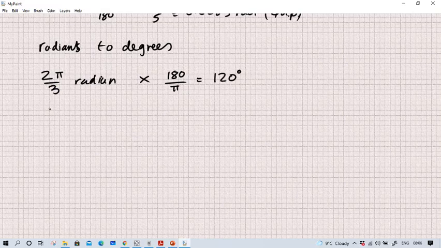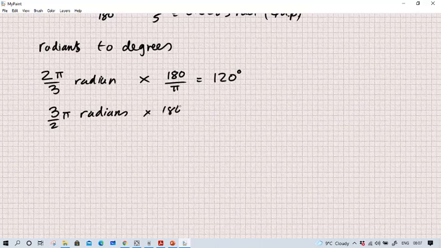We could also do, maybe, 3 over 2 pi radians times 180 over pi, and we get 270 degrees. You can check that on your calculator. Again, our radians can be given as decimal figures. So, for example, 0.653 radians.